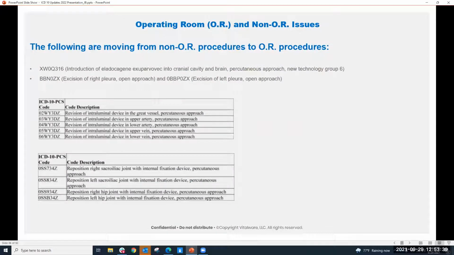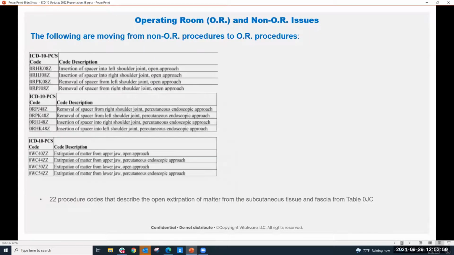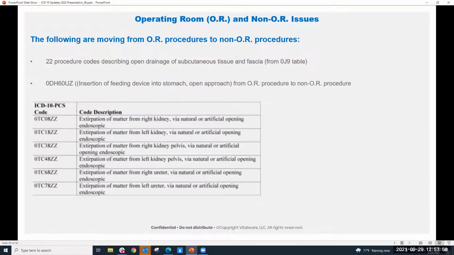The next slide lists all of the procedures that have been moved from non-OR procedures to OR procedures. Same thing with this slide. All of these have been moved from non-OR procedures to OR procedures.